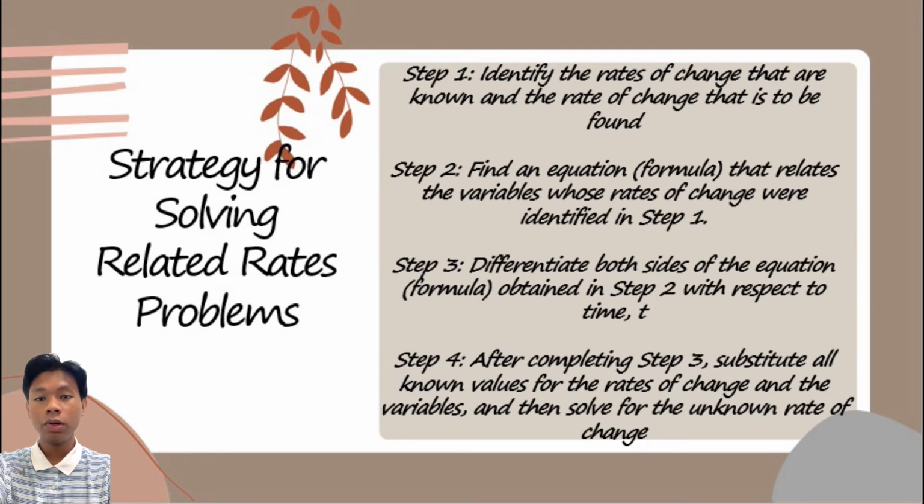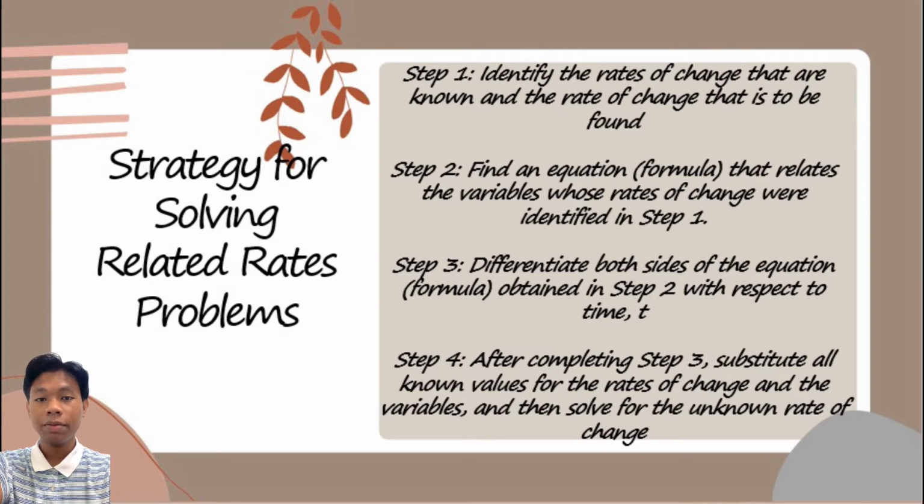So we're moving on to the steps of solving related rates problems. We have 4 steps. The first step is to identify the rates of change that are known and the rate of change that is to be found.